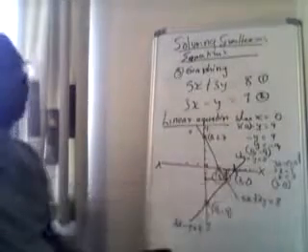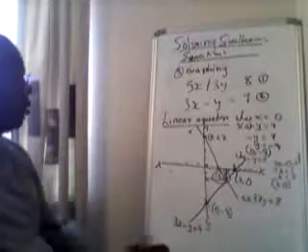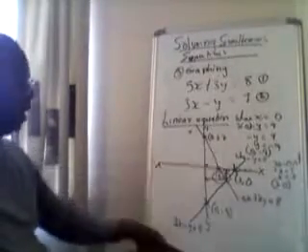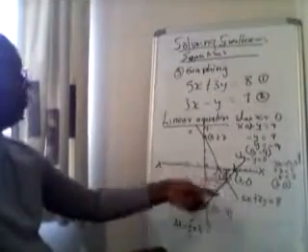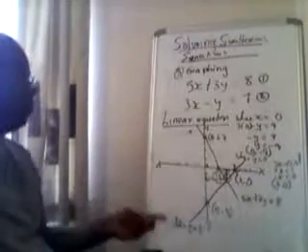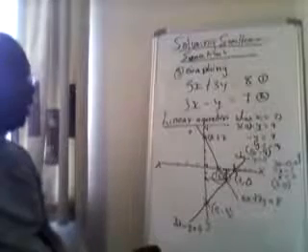Therefore, you only need 2 points in order to draw a straight line graph. That's why it's called linear. Linear is a straight line. Then you get the answers where they cross. So you only have 2 answers, one for the value of X and the other for the value of Y.